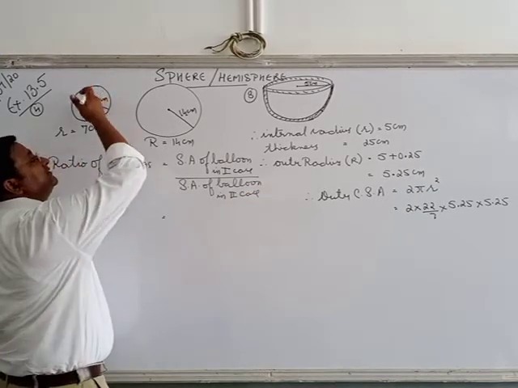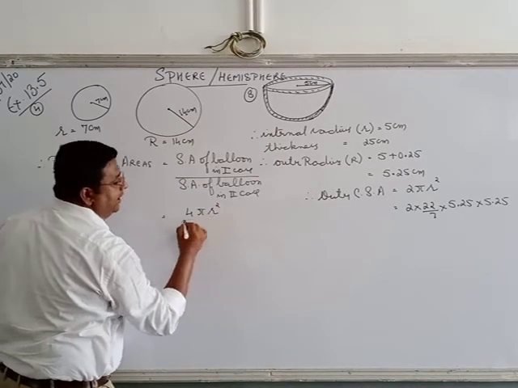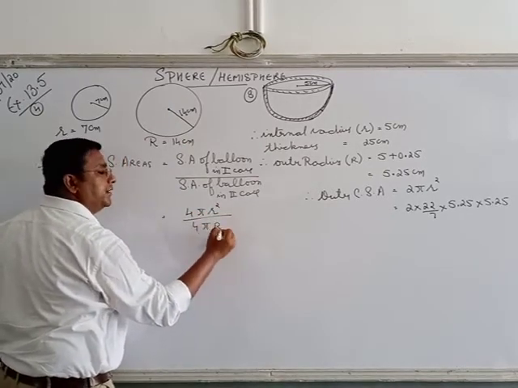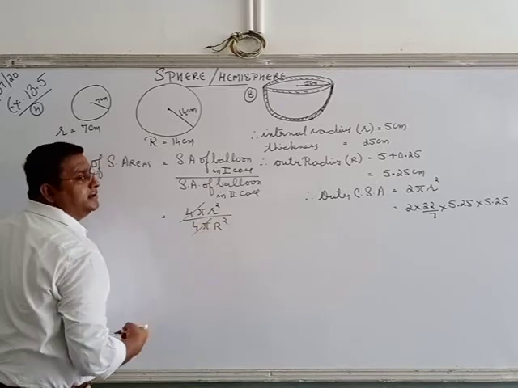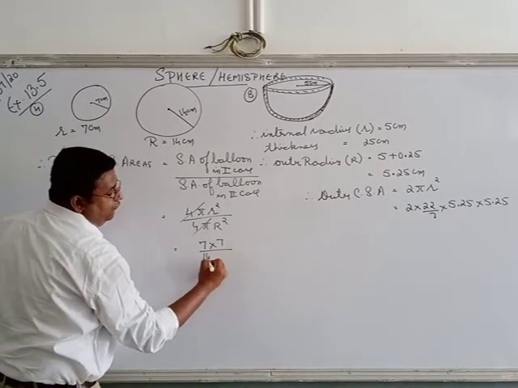The formula for surface area, both of them are spheres: 4 pi small r square upon 4 pi capital R square. 4 pi cancels. Small r square is 7 into 7, capital R square is 14 into 14.